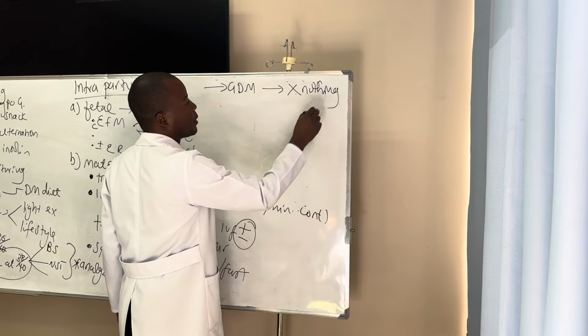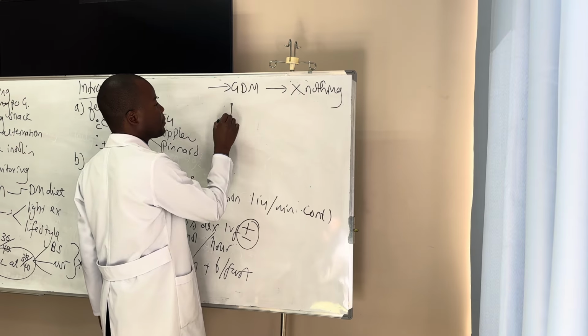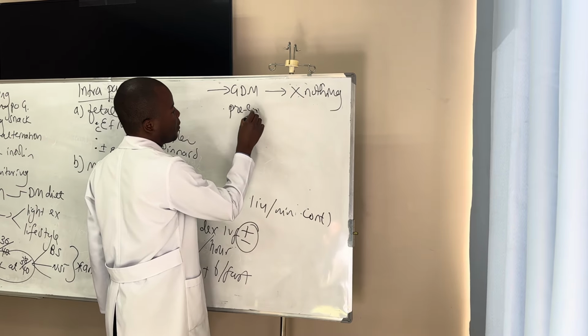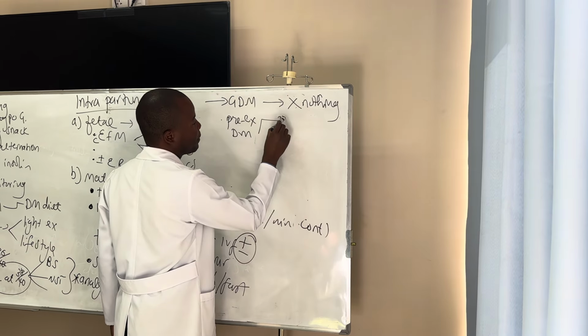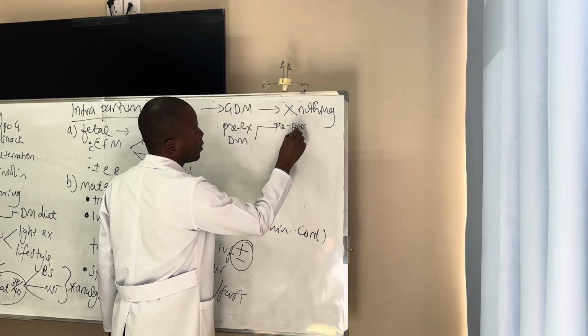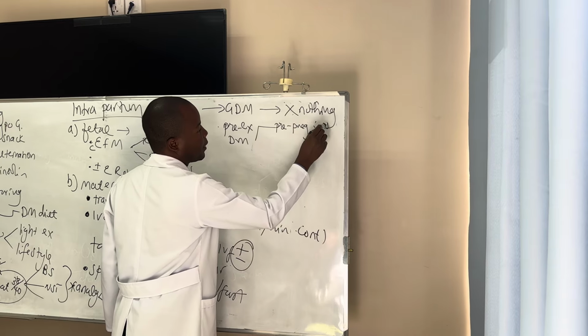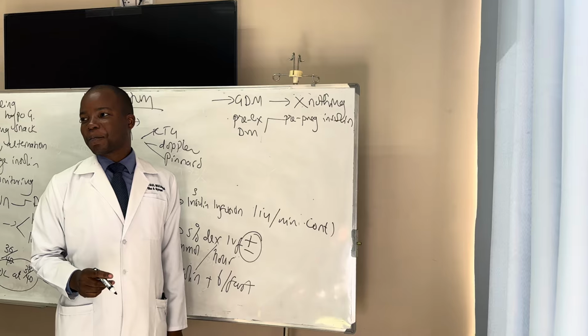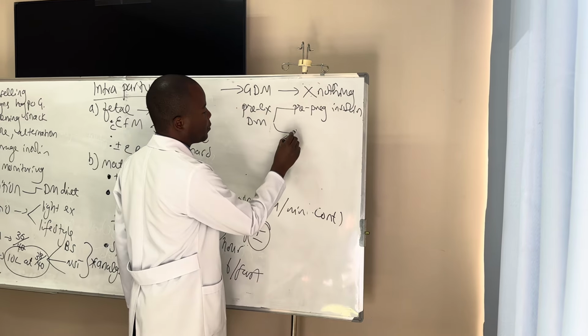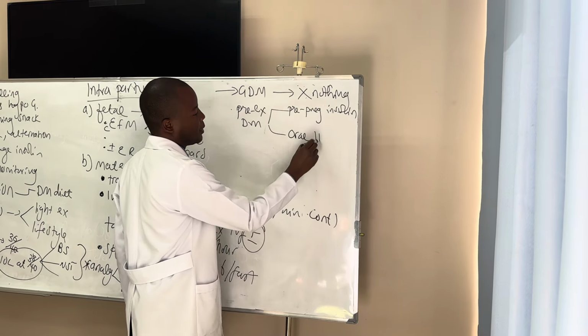They will just be like that. If it was pre-existing DM, then they go back to their pre-pregnancy insulin dose, which is very low, which was given by the physicians, or they go back to oral hypoglycemic.